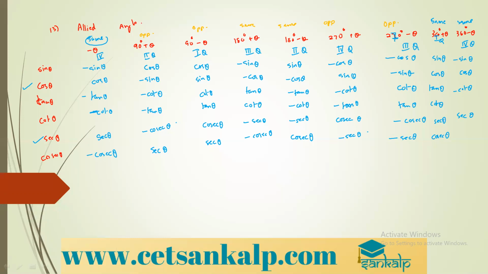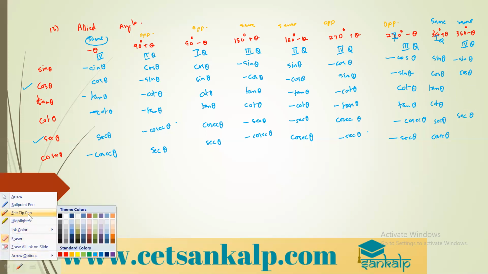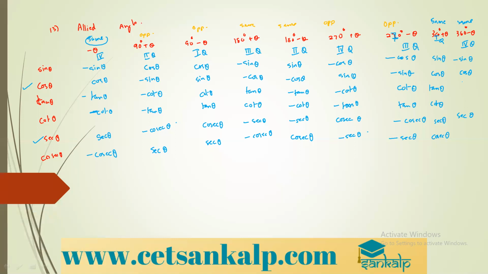I have to write it down because I have to write same. Tangent same, but in the fourth quadrant, so minus tangent theta, cotangent same, minus cotangent theta, and cosecant same, minus cosecant theta.